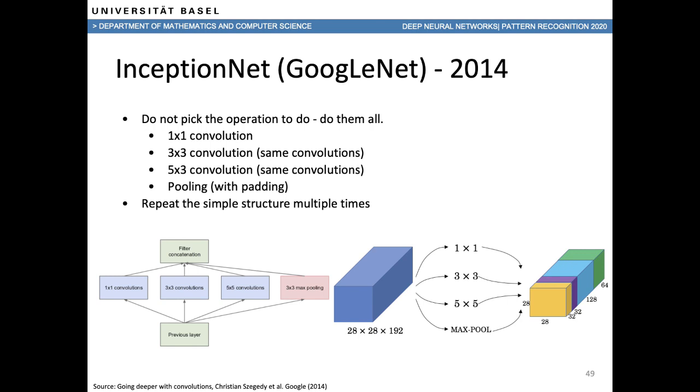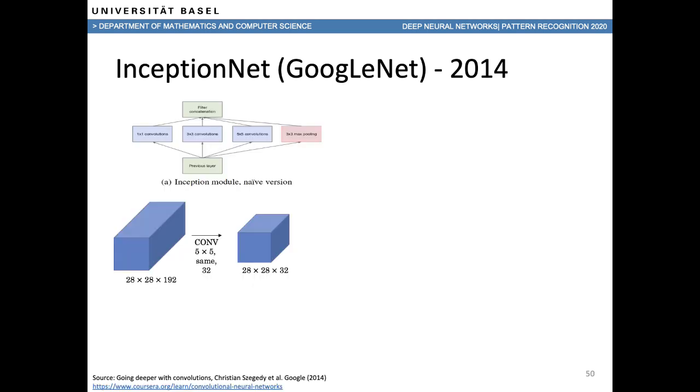And what we'll do with this volume is perform 1x1 convolutions, 3x3 convolutions, 5x5 convolutions, and max pooling, and just stack all of these outputs together as the next volume in our network. So very naively, this would look like this here.